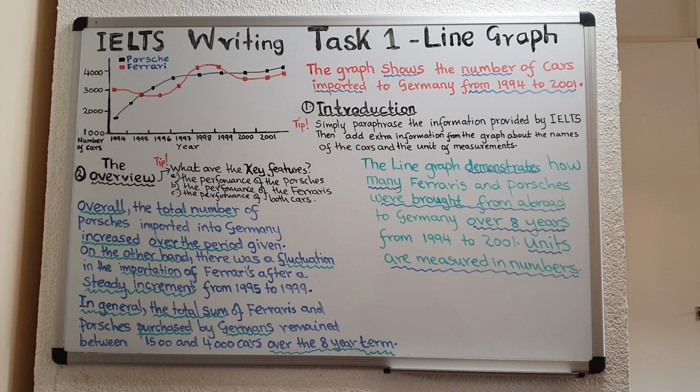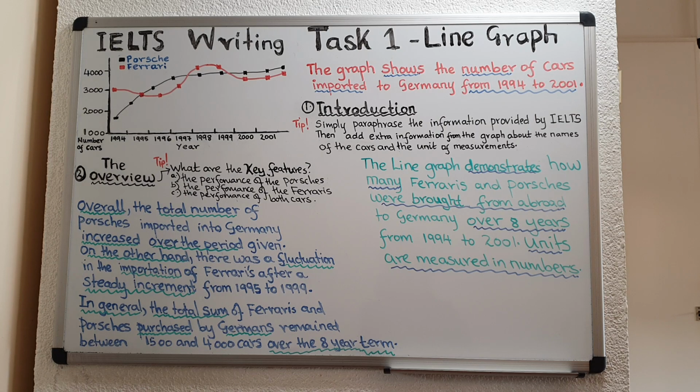At first, you have a steady increment, but as soon as you get to 1995, the line graph changes. So there was a fluctuation.